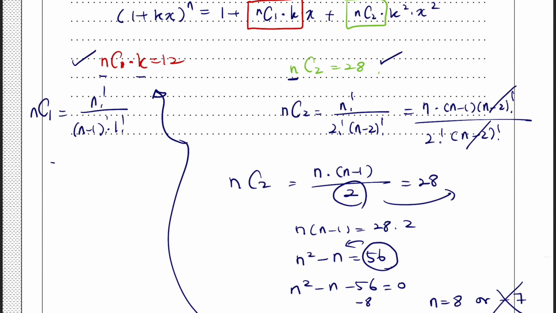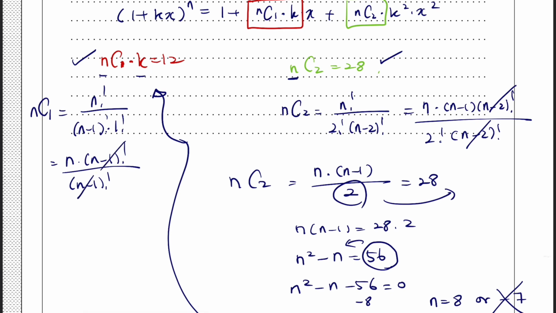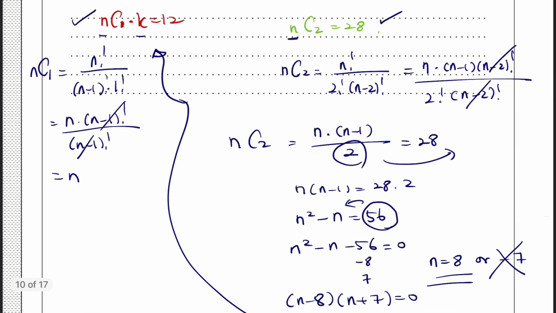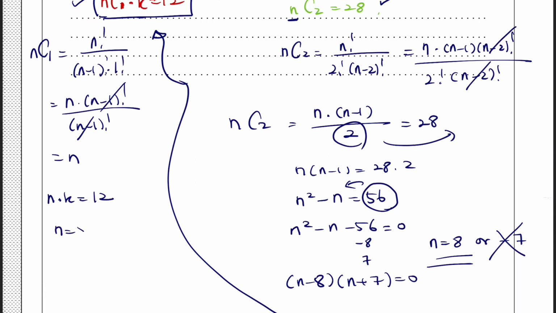This is the same as n times n minus 1 factorial over n minus 1 factorial, and this is the same as n, right? So nC1 is the same as n. That means we can rewrite equation number 1 as n times k equals 12, and we know that the n value is 8 from the previous calculation.